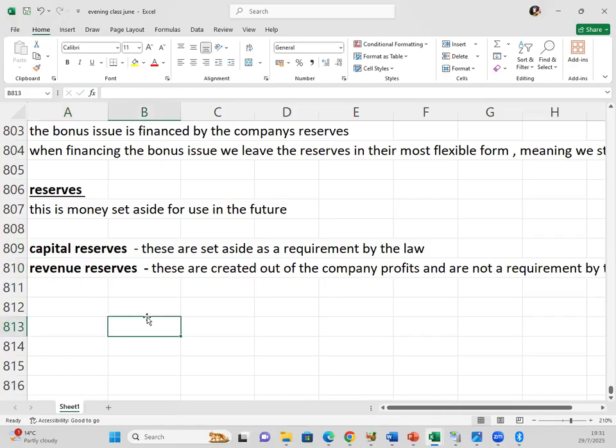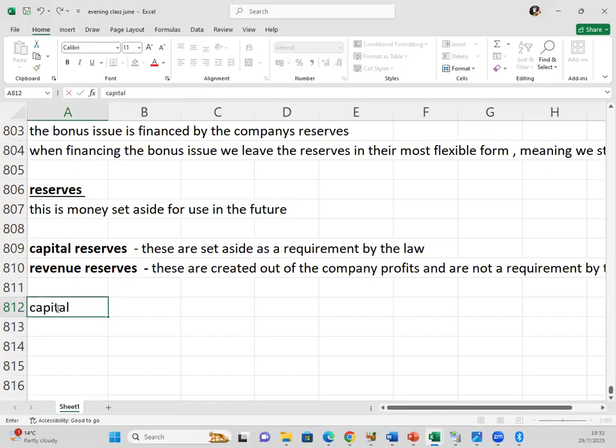So if a reserve is a capital reserve, it cannot be used to pay dividend. Let's say the company has no money that year. We can't take money that is in a capital reserve to pay dividends. So which are these capital reserves?